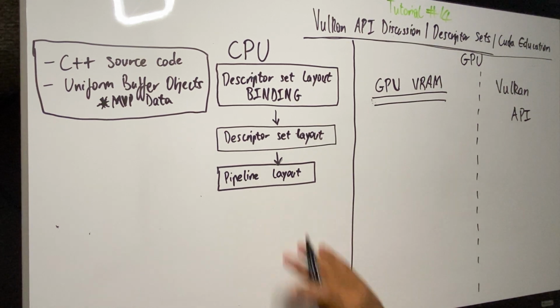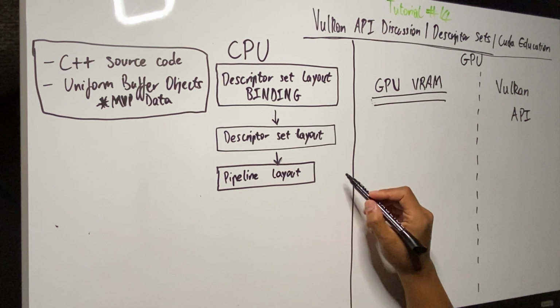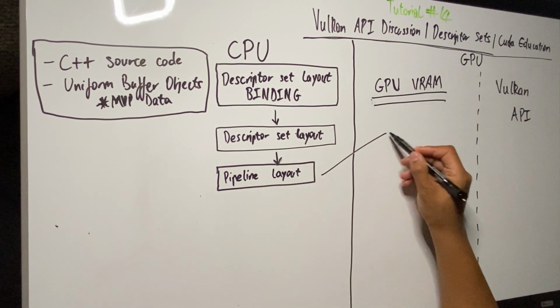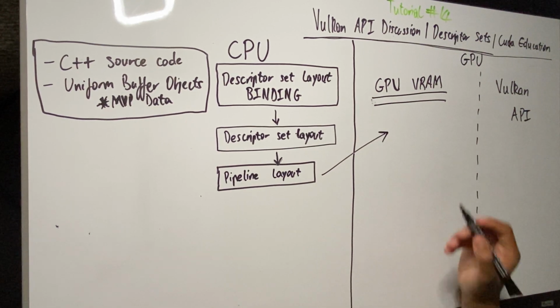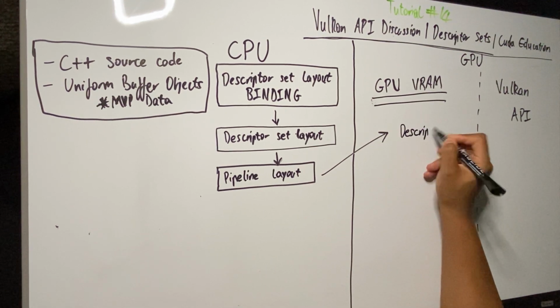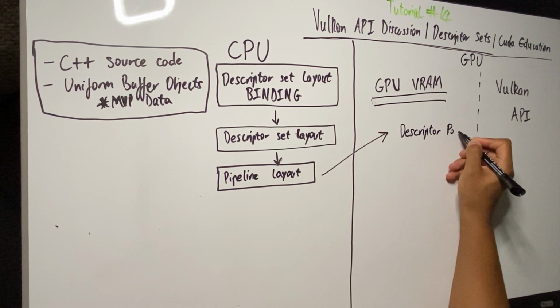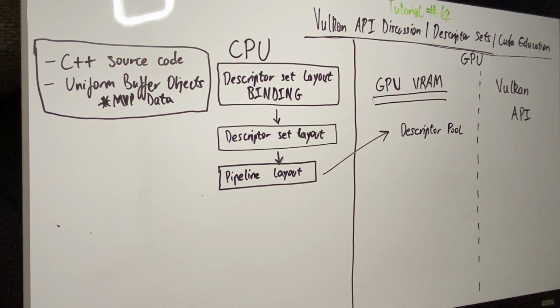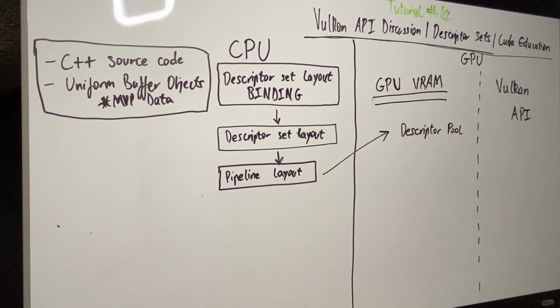After the pipeline layout, we now get to the descriptor. You remember the descriptor pool from the previous video and the first image that we had in this video.